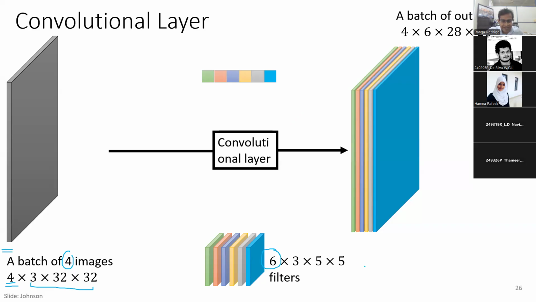It will result in 6 feature maps. Okay, a question for you. If you complete this whole batch of 4 images, what will be the size of the output feature map? What will be the size of the output feature map?